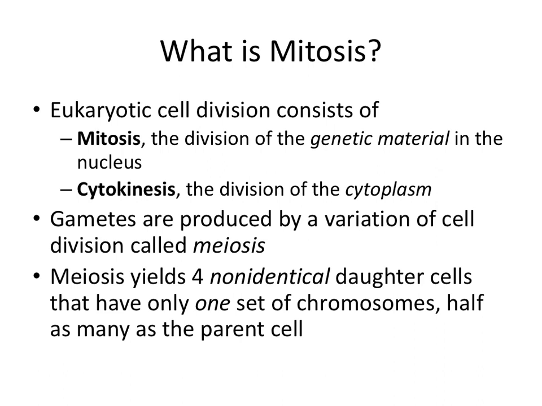Remember that gametes or sex cells are produced with meiosis. And meiosis is going to give us 4 non-identical daughter cells. So all of the different sperm and egg produced in meiosis are going to be different from one another. And they will result in one set of chromosomes, half as many as the parent cell. So again, we want our sperm and egg to have only one set of chromosomes.